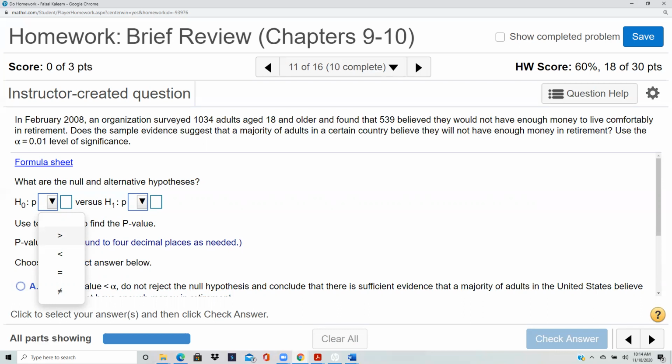Oh, that one's equals. And what value goes there? What are we investigating?